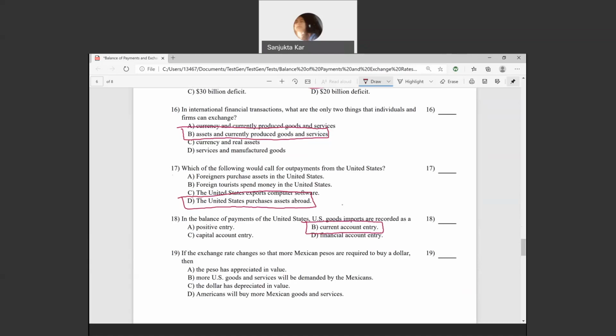Question 19. If the exchange rate changes so that more Mexican pesos are required to buy a dollar, then Americans can buy more Mexican goods and services, because here the dollar is going up in value and pesos are going down in value.